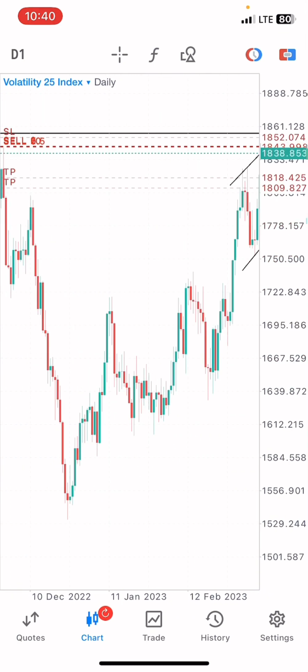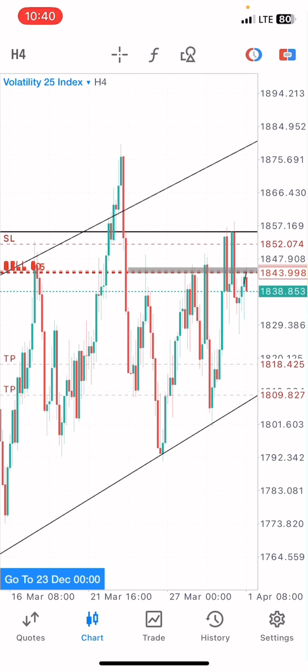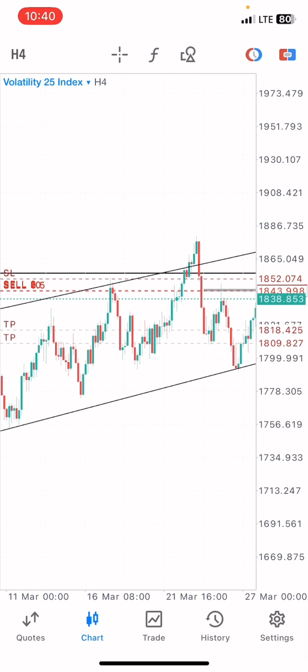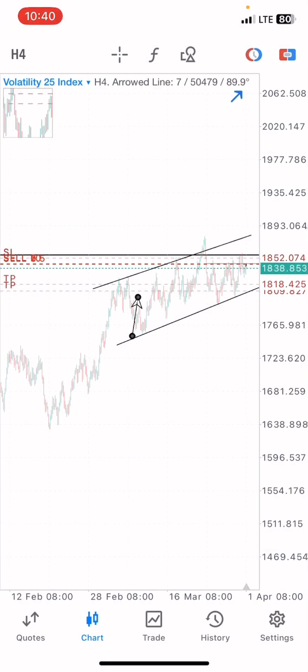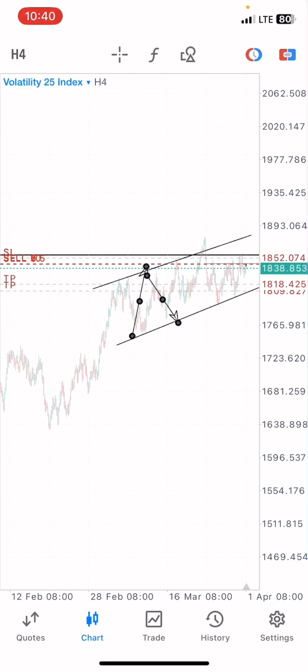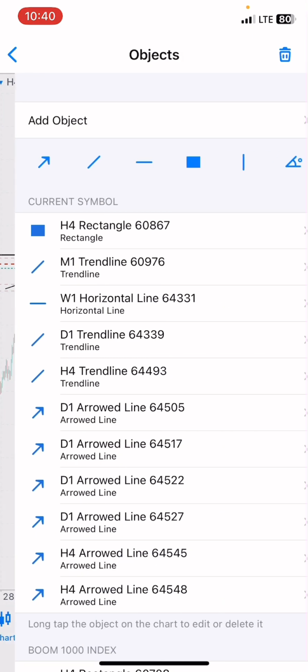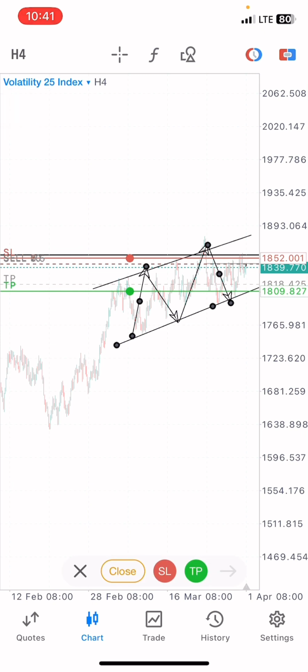So we can see price approach this level on the daily time frame, and I went to the 4-hour time frame and saw the market structure. We had this uptrend channel, with price giving us higher lows and higher highs, but it was moving in a choppy, corrective way towards this level.